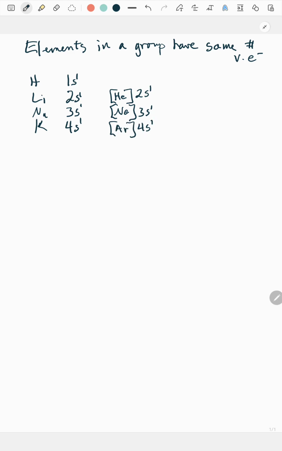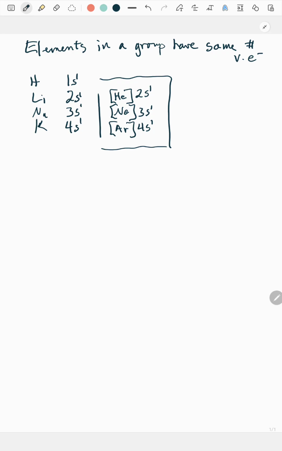These are the noble gas shorthand electron configurations, and the valence electrons are just one each. So again, elements in the same group have the same number of valence electrons.